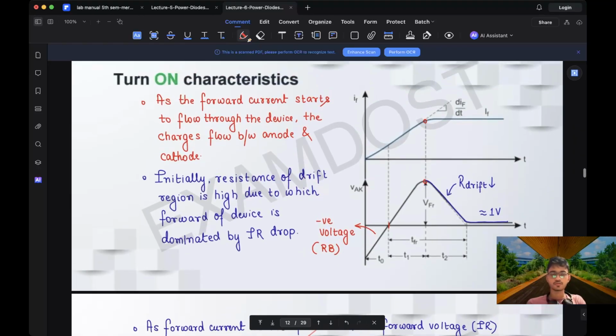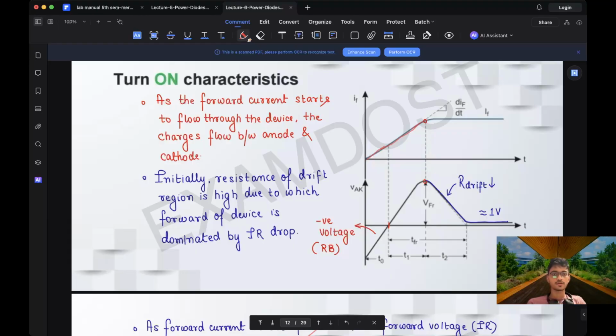What is happening here? You are increasing the forward current, like forward biasing it and passing the current. So current is first in the forward bias.